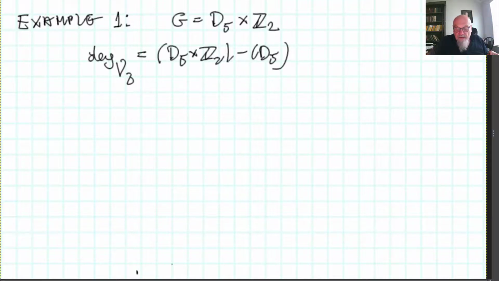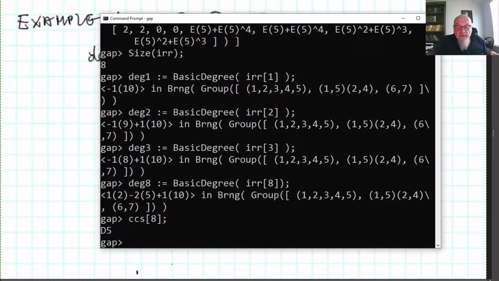Of course, if you have degrees, those are elements of the Burnside ring. So why don't we multiply degree 3 by degree 8? Let's see what happens.